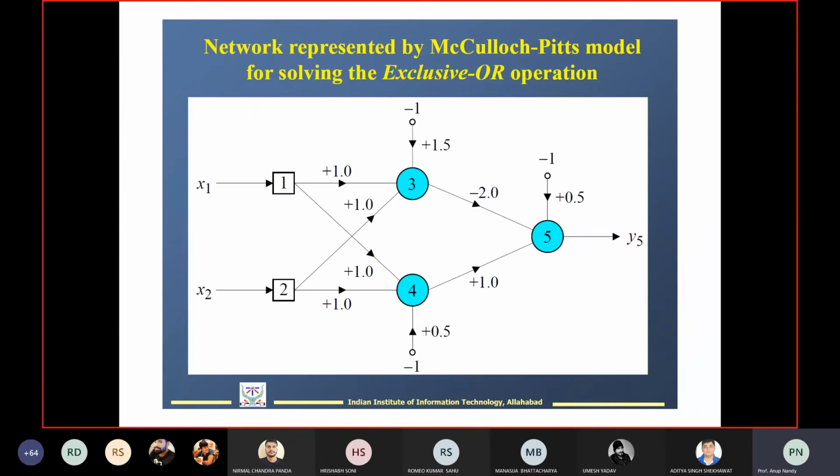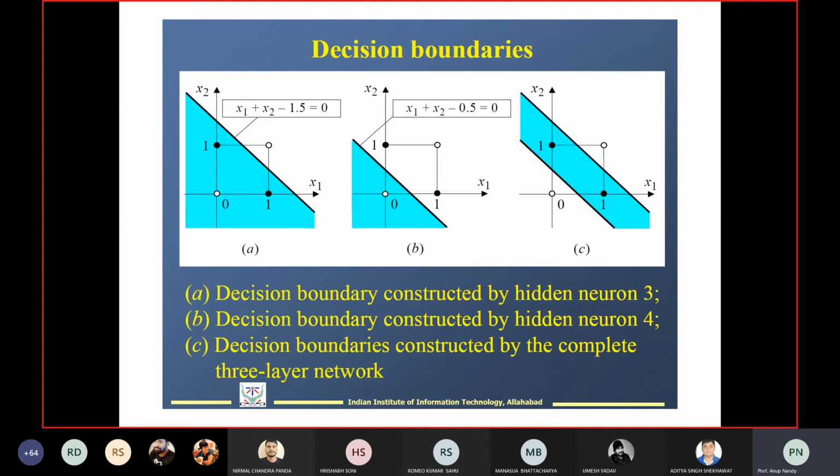If you do not use hidden layers, and simply use the McCulloch-Pitts model, then you can also solve it in this way. So the decision boundary is constructed by hidden neuron 3 and hidden neuron 4, and then the decision boundary constructed by the complete neural network.